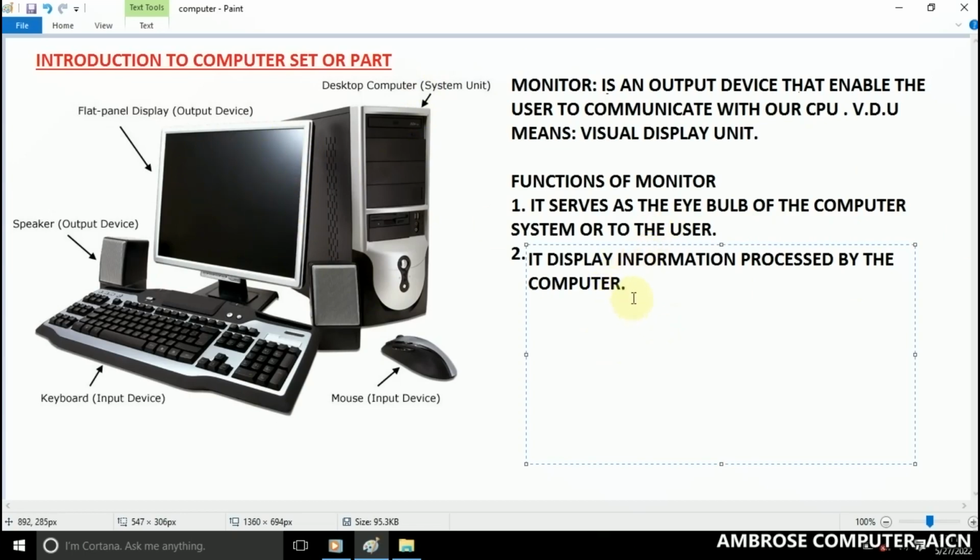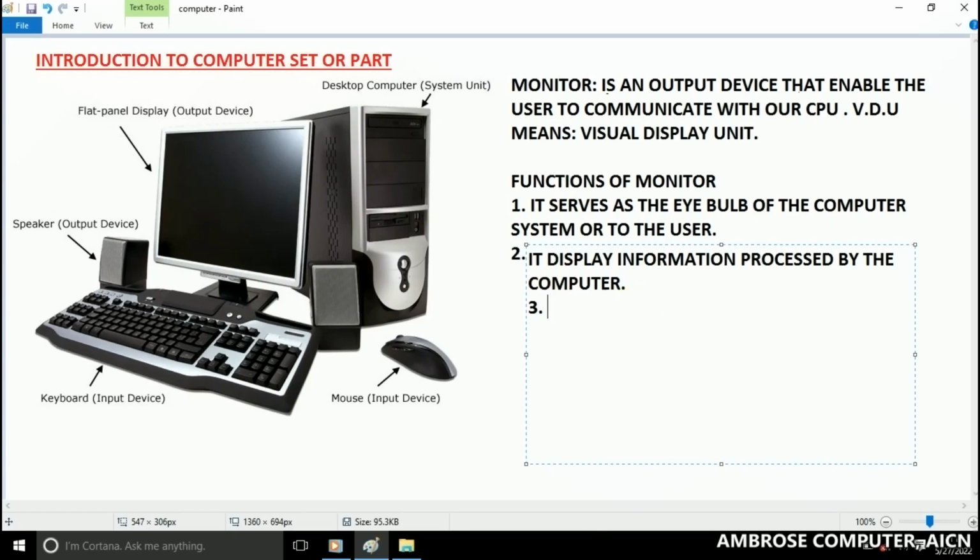Remember what I told you, that this monitor is not actually the main computer. The major function of this monitor is to enable the user to access information that is inside the CPU. Let's jot that down.